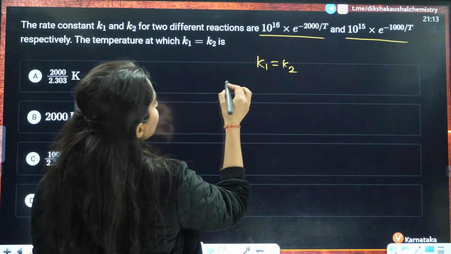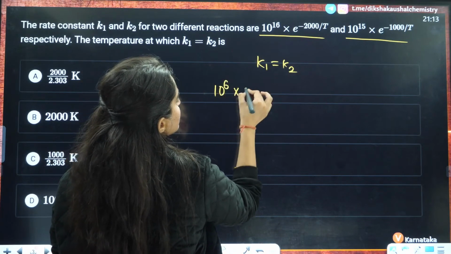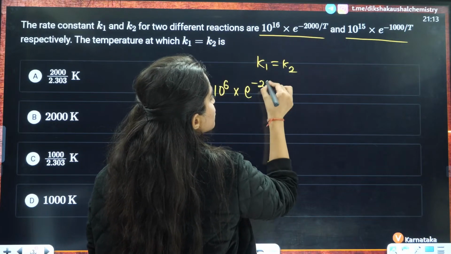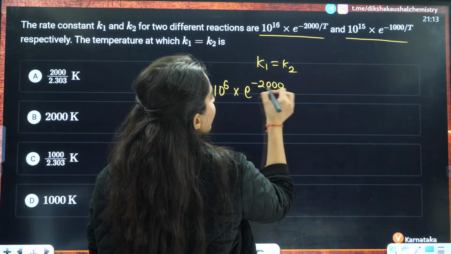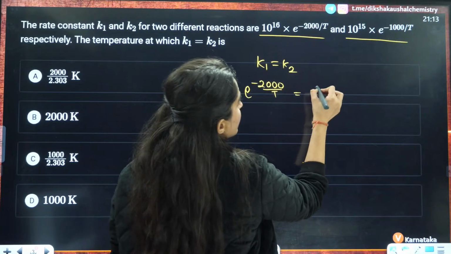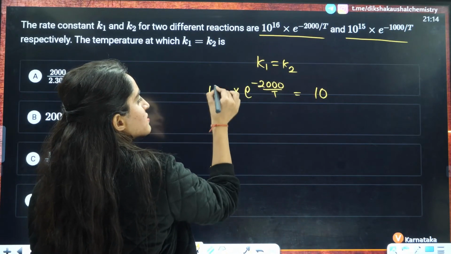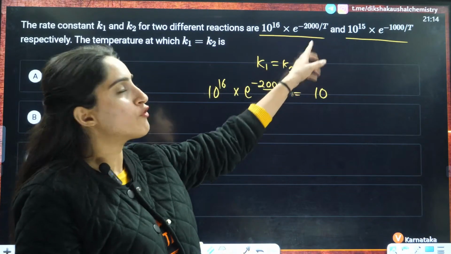What is K1? K1 is 10 raised to power 16 into e raised to power minus 2000 divided by T. And what is the value of K2?